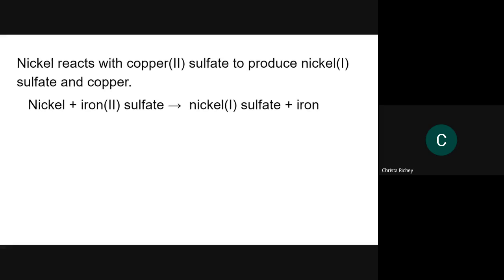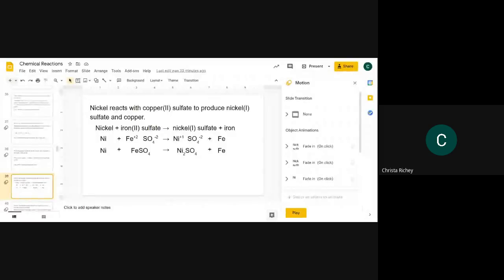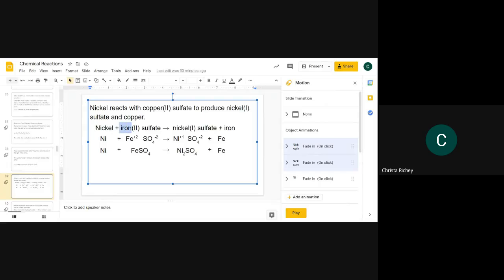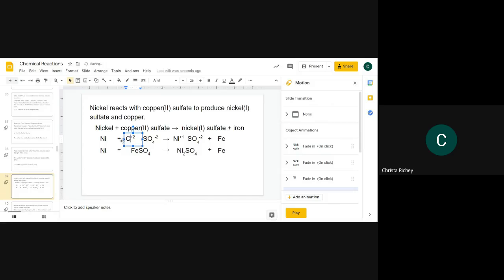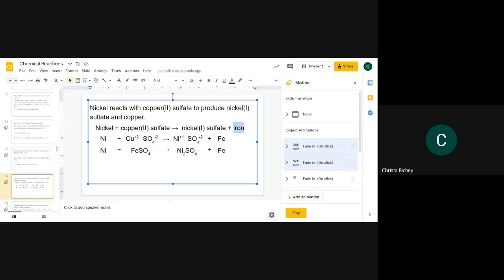Nickel reacts with, plus sign. Oh, that's supposed to say copper 2 sulfate, not iron 2 sulfate. Let me fix it. Copper, so that is Cu. Yeah, hold on. Let me fix my typo real quick.